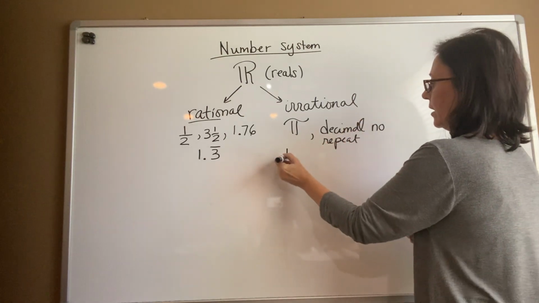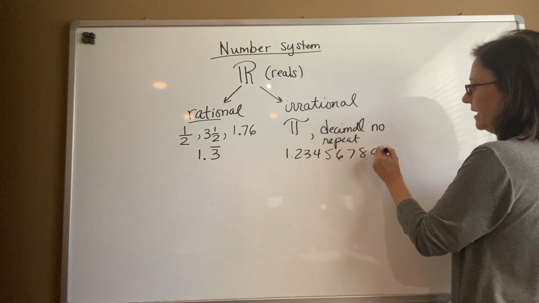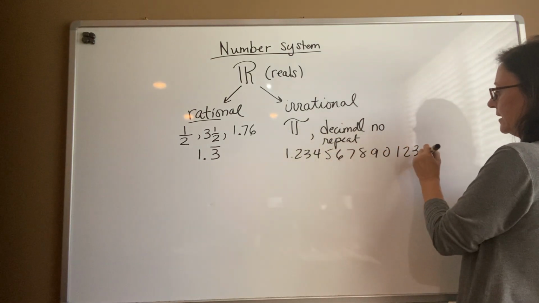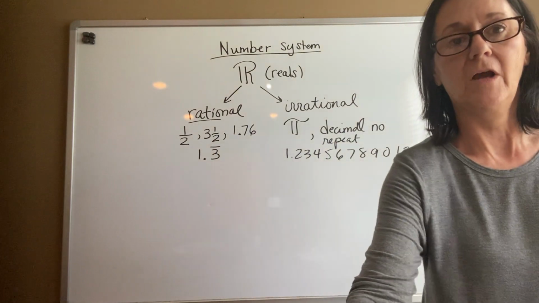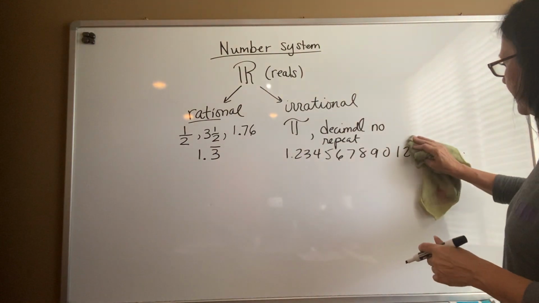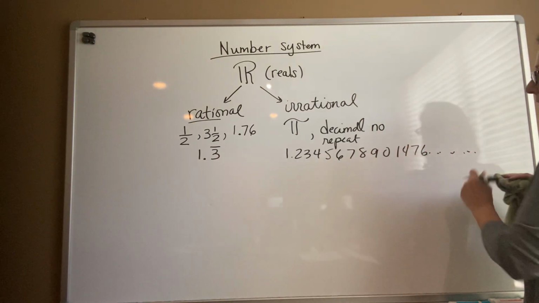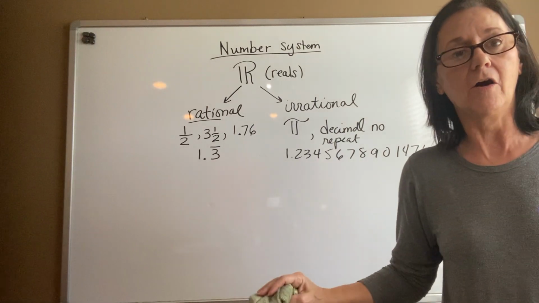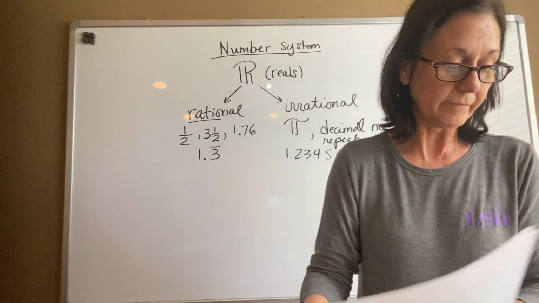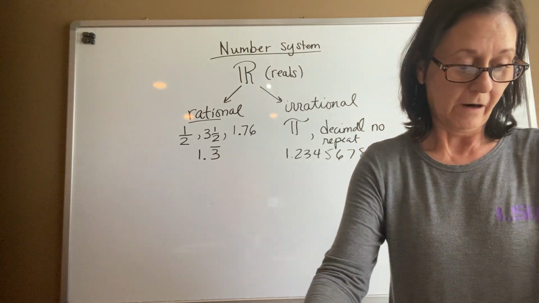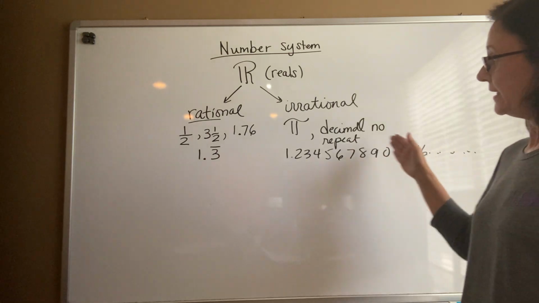So 1.234567890 1 2 3. It kept going on and on and on, infinitely. Let me change it so it doesn't repeat. 0 1 4 7 6, and on and on and on. If it went on and on and on, that would be an irrational number. All right?